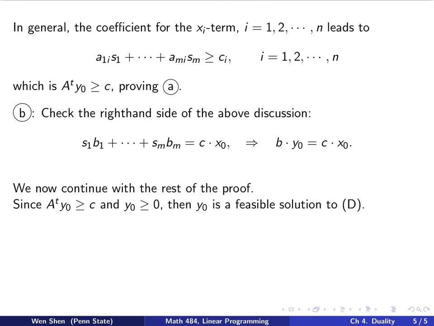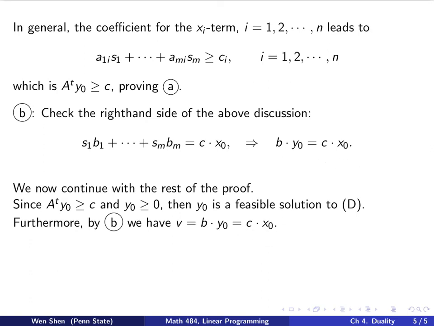Okay, now we have established claims A and B, and we will move on to continue with the rest of the proof. Since I have A transpose y0 bigger than or equal to C, and y0 is bigger than or equal to 0, I know y0 is a feasible solution to the dual. And furthermore, by claim B, the value there, b dot y0, exactly equals c dot x0.